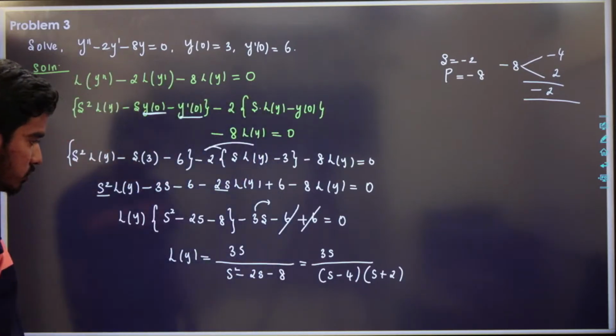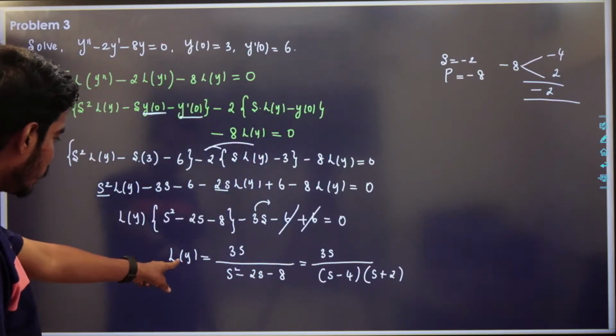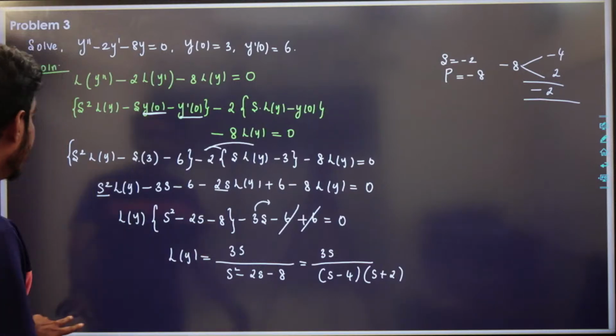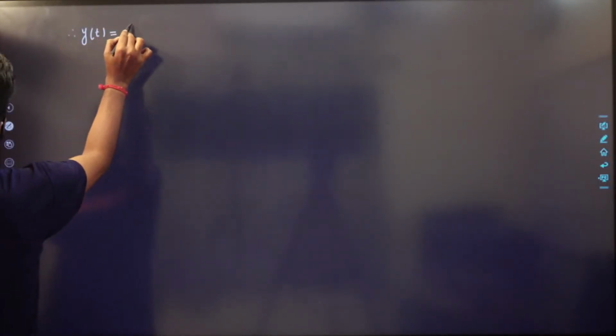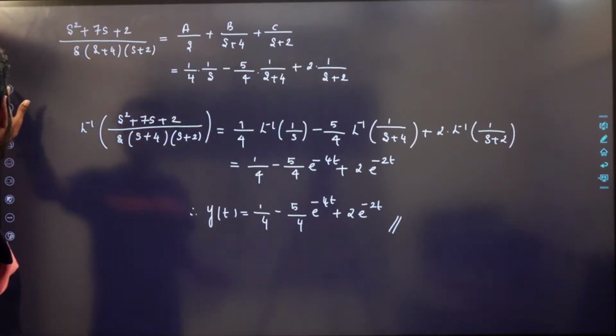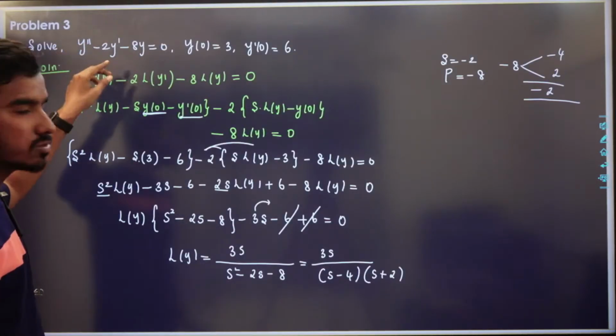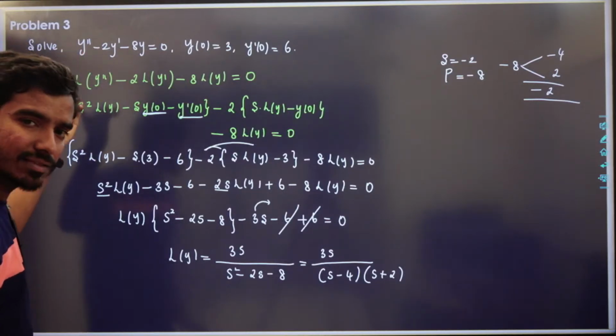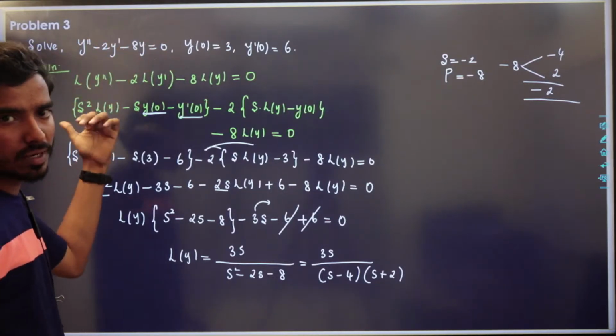Super. So that means our y is L inverse of this. Therefore our required function y of t is L inverse of 3s divided by s minus 4 times s plus 2. Here they haven't mentioned the variable, so it can be d square by dx square or d square by dt square, anything.